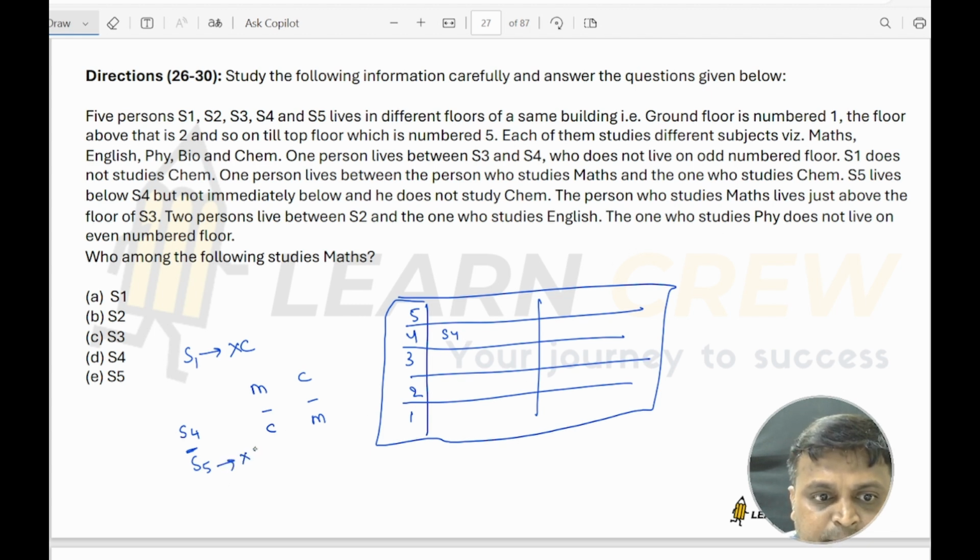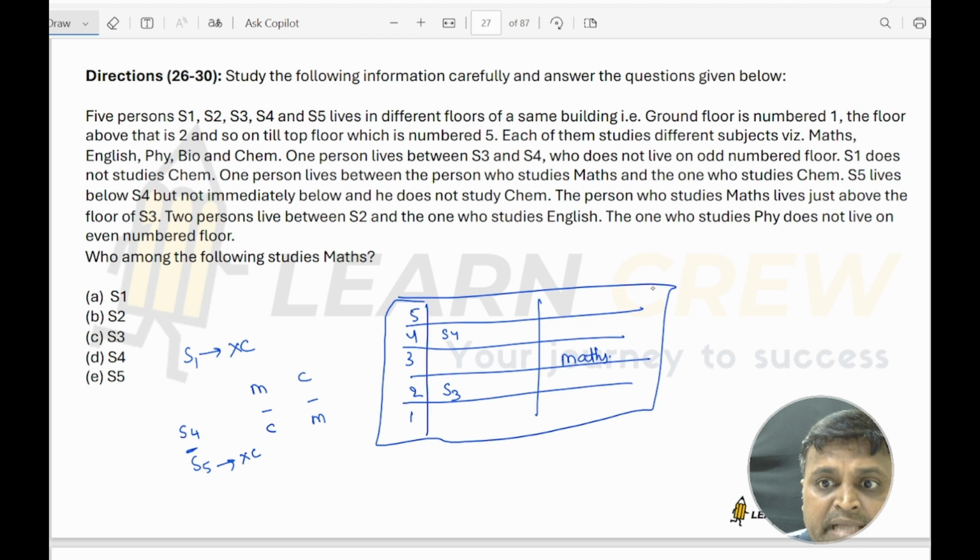Now, one person lives between S3 and S4, so it must be S3. The person who studies maths lives just above the floor of S3. So this is maths.